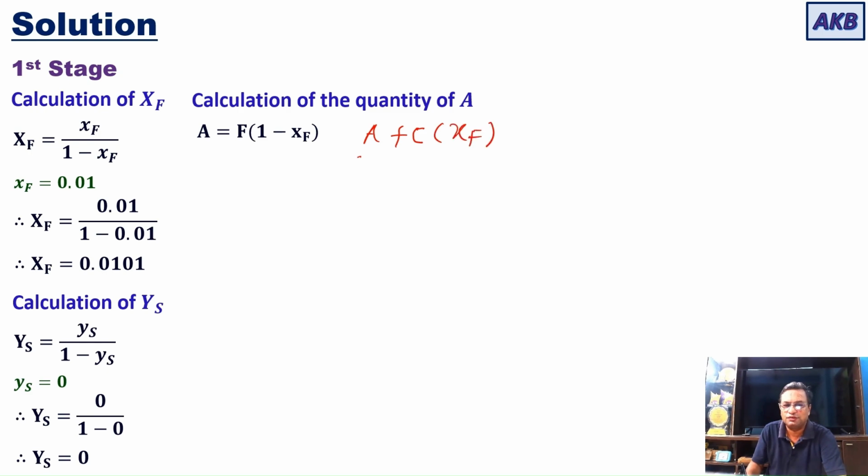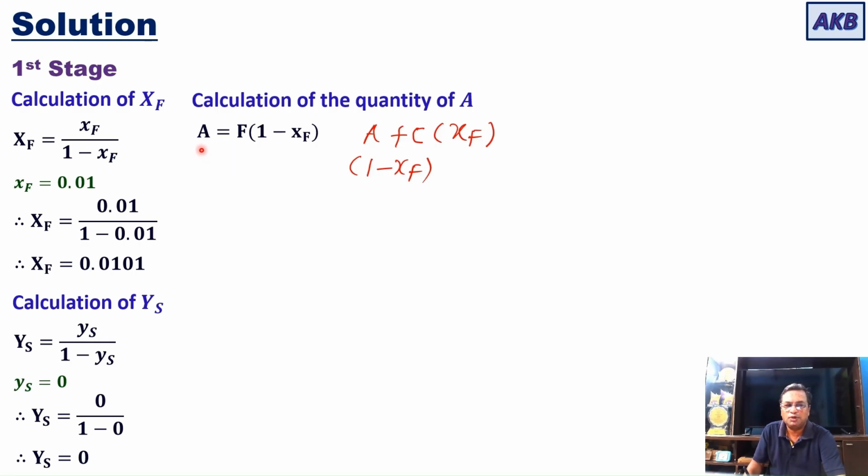So the weight fraction of A will be 1 minus XF. And in order to get the quantity of A in the feed, we multiply the quantity of feed with its weight fraction. And that is what I have done in this equation.